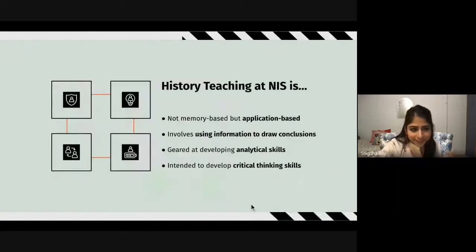So, with that, I hope we've been able to offer a comprehensive insight into the teaching learning process of history at NIS. Our approach towards the subject lies very far from that pedantic tree of memory based knowledge. Fact dropping is not encouraged. Rather, students must know what to do with information they encounter every day.